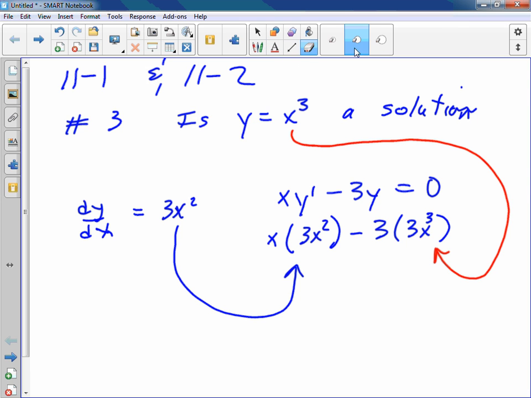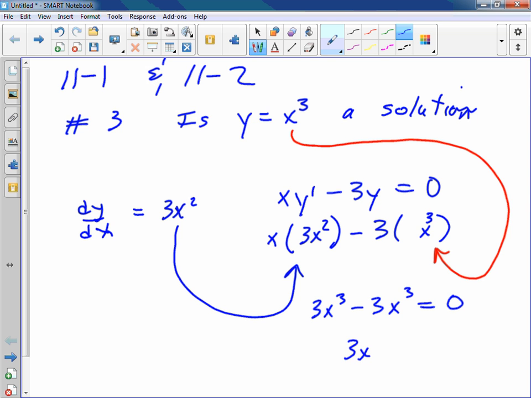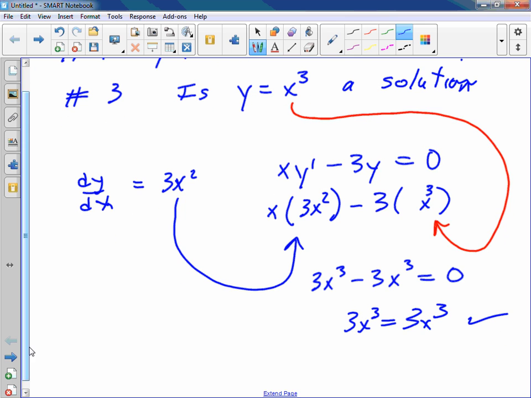I had 3x cubed on the brain. And so you get 3x cubed minus 3x cubed equals 0, and then you could get 3x cubed equals 3x cubed. At this point, you say to yourself, well, is this true for all x?